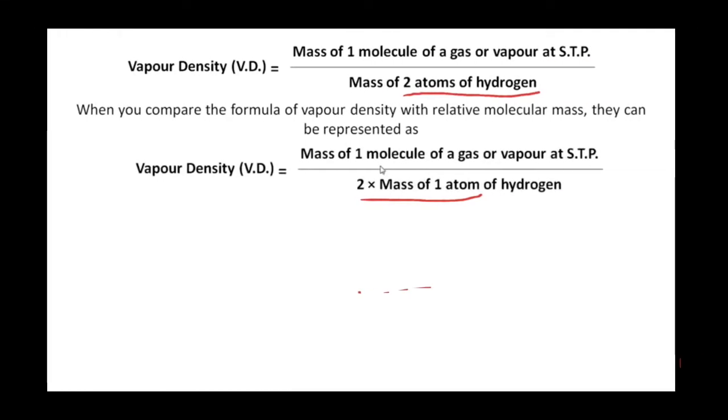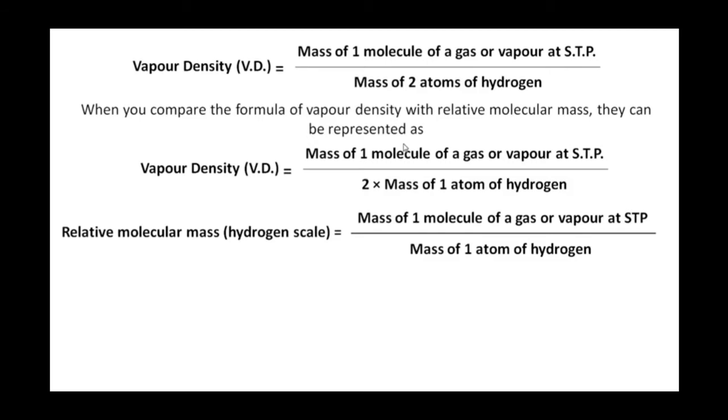Now, we are going to compare the vapor density with relative molecular mass. Again, we are going to write both the formulas. Vapor density is equal to mass of one molecule of a gas or vapor at STP divided by, here instead of writing mass of two atoms of hydrogen, we are going to write 2 into mass of one atom of hydrogen.